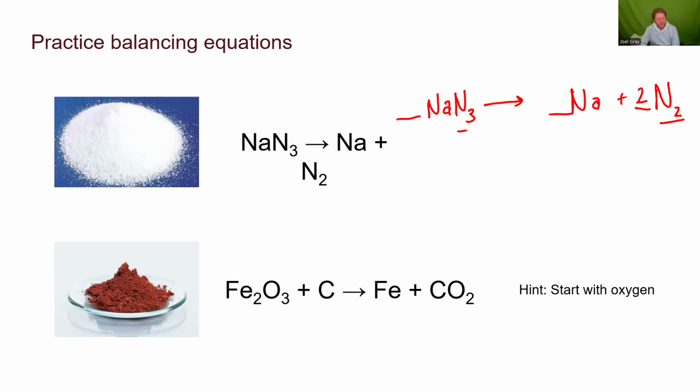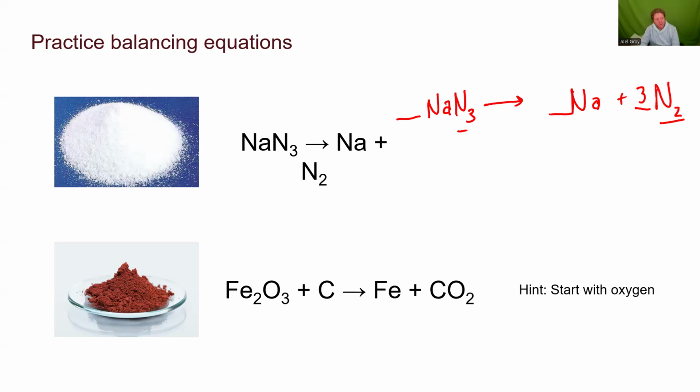Now, I've got 3 on the reactant side. Is 4 the same as 3? Nope. So, does the 2 really get us anywhere? It doesn't. So what I want to do is I want to go up from 2. So I'm going to say 3.